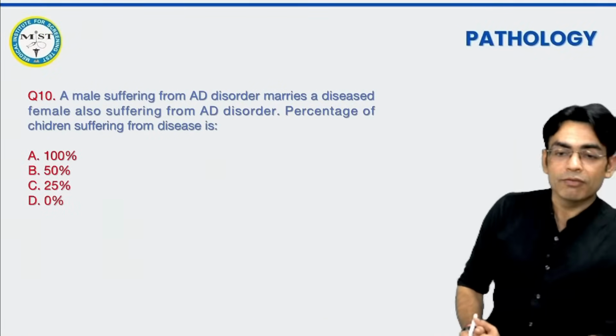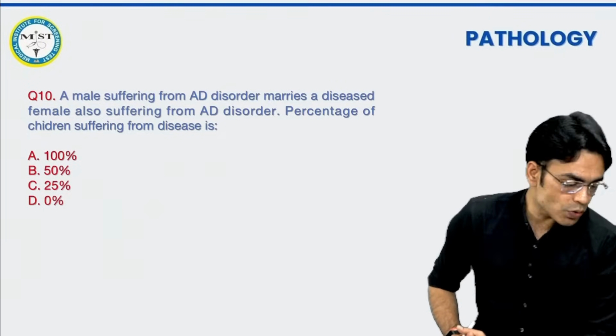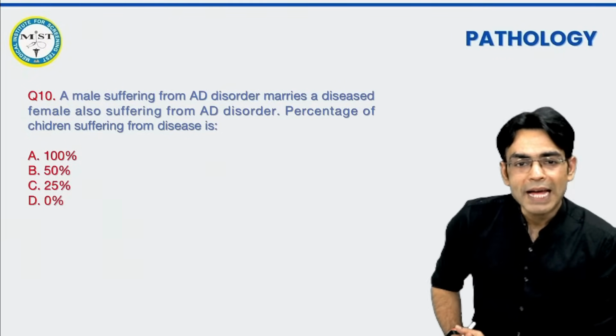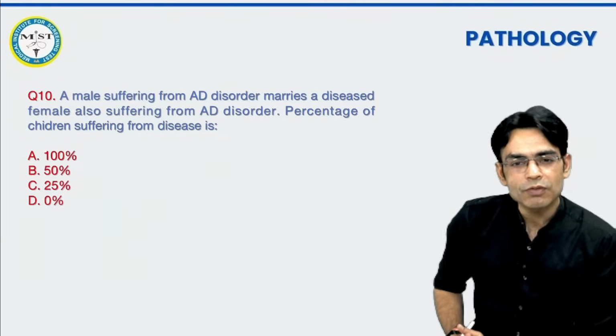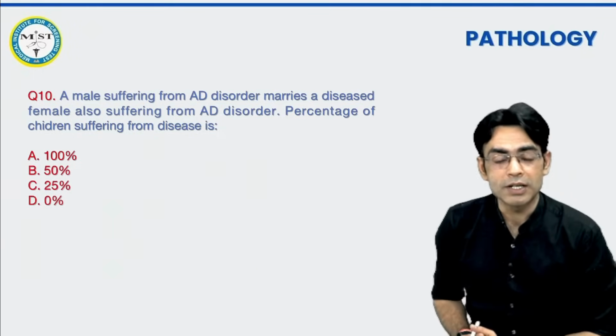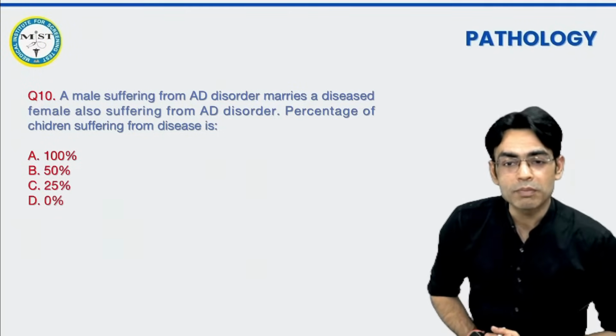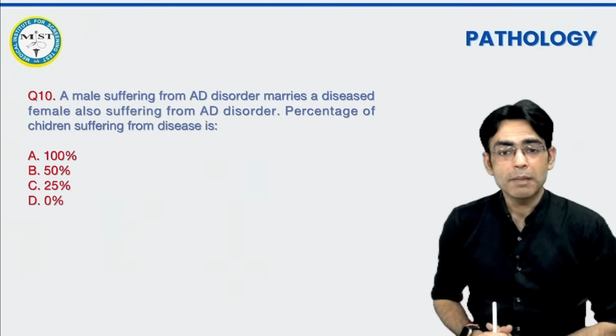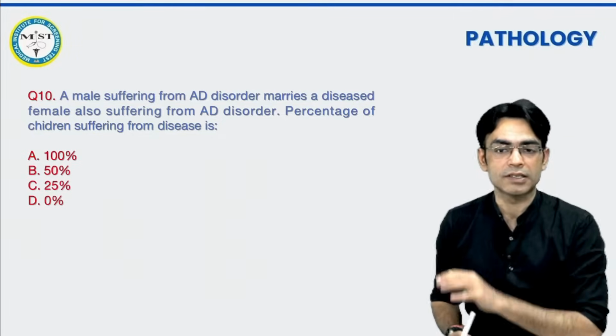हाँ जी छोटू लोग, फटाफट। A male suffering from autosomal dominant disorder marries a diseased female, who is also suffering from autosomal dominant. So two autosomal dominant disorder people, they got married. Percentage of children suffering from disease.